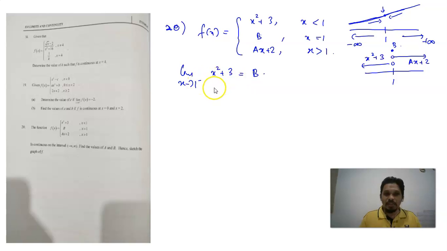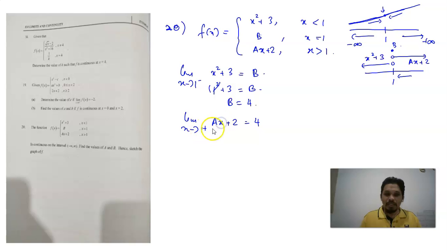Substitute x with 1: 1 squared plus 3 equals b. So 1 plus 3, then b equals 4. And then the limit of x approaching 1 from the right, of ax plus 2, equals b, which is b equals 4.